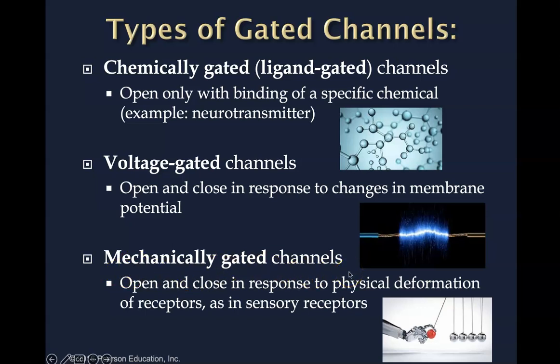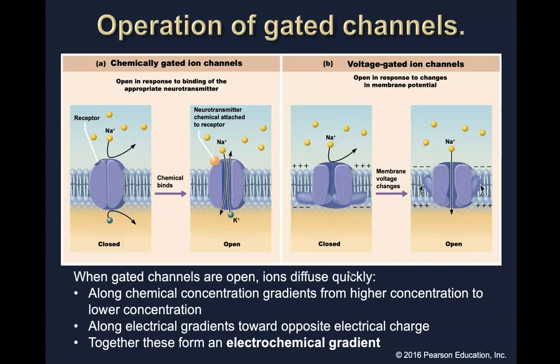You are physically causing a physical change to that receptor by pushing on it or touching it. So these are all different types of channels that we'll talk about, and we'll talk about the role they play throughout these next series of lectures.